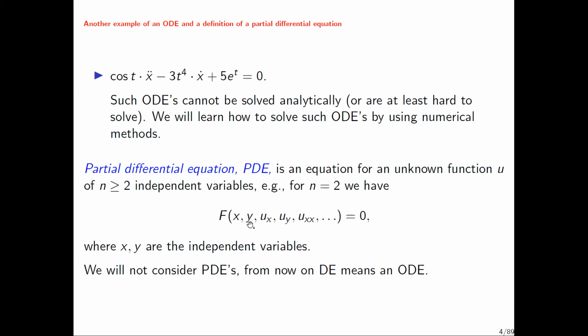They are both independent, so y doesn't depend on x and vice versa. Then we have some function u, which depends on both x and y. Now we can take the derivative of u with respect to x and also with respect to y, and then also higher order derivatives. Those derivatives are in fact partial derivatives, which is why these differential equations are called partial differential equations. But as I mentioned, we will only study ordinary differential equations in this course.